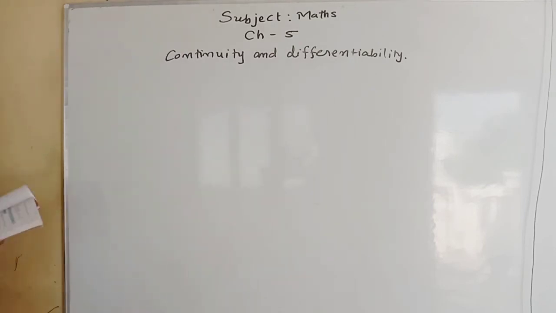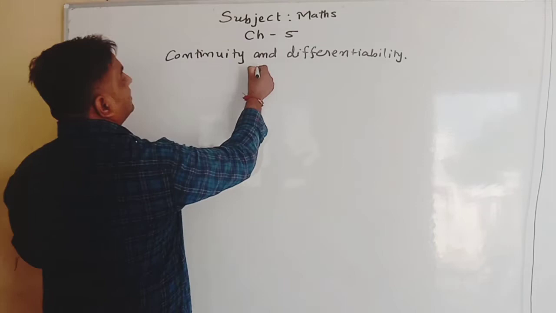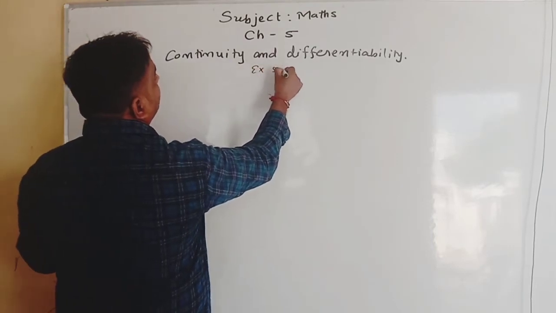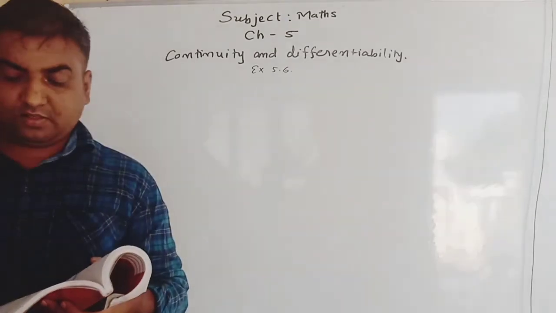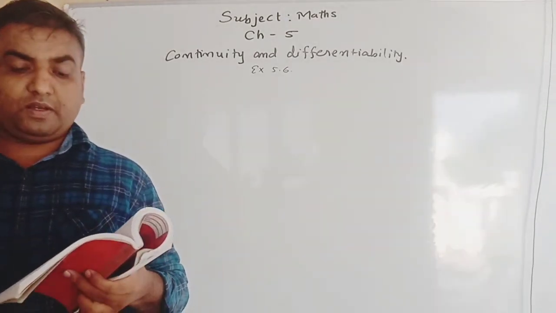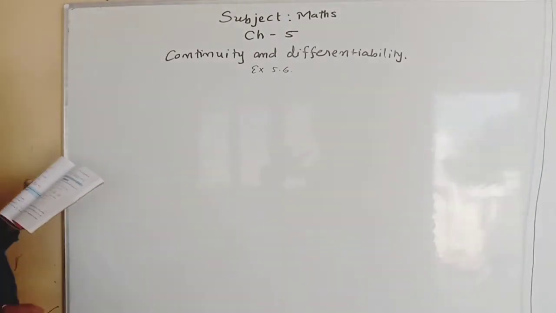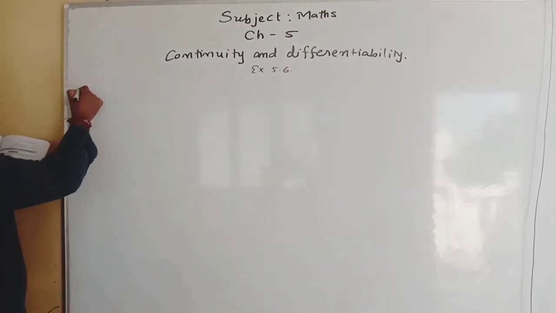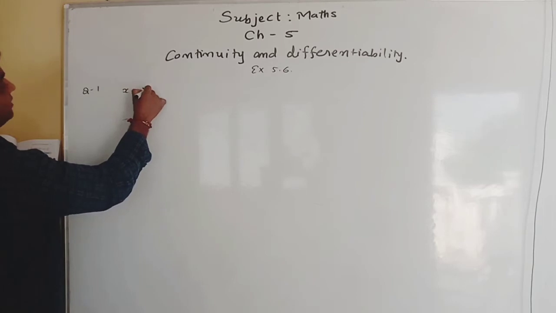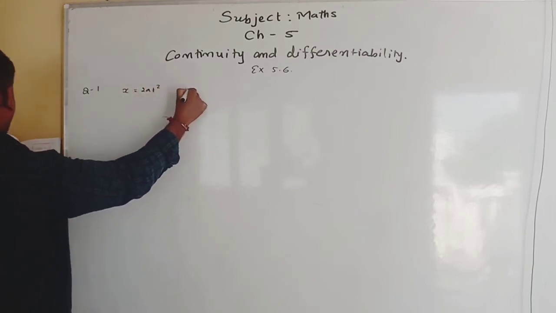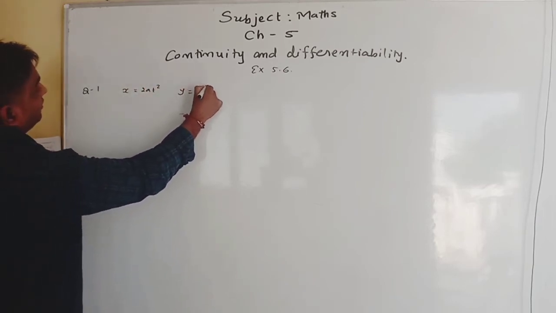Now let's see the solution of exercise 5.6. So 5.6, some parametric equations are given, that y variable differentiation with respect to x we have to find using this. So question 1 we are given x equals to 2at square and y equals to at raised to 4.